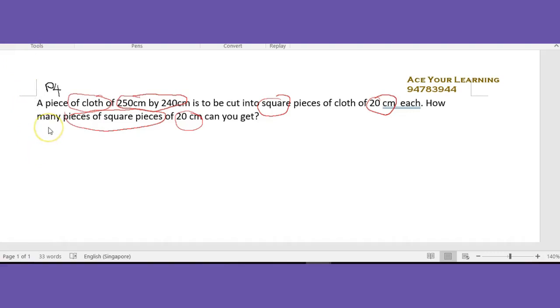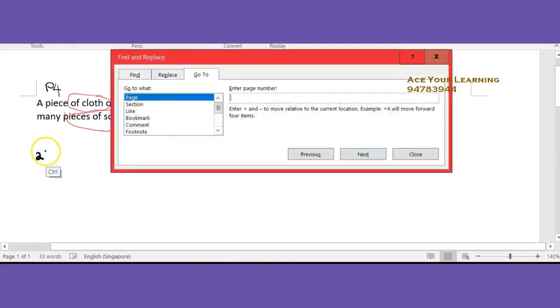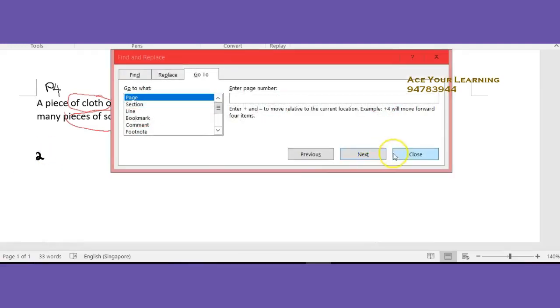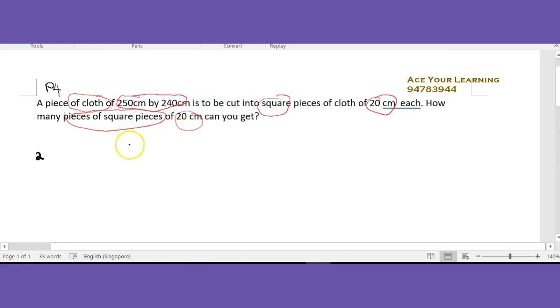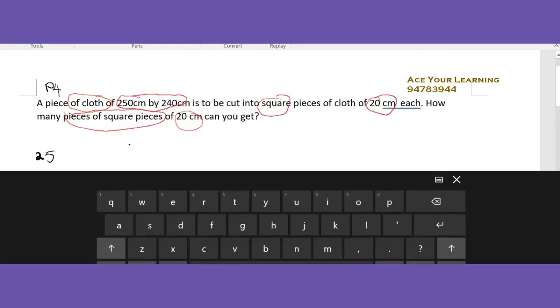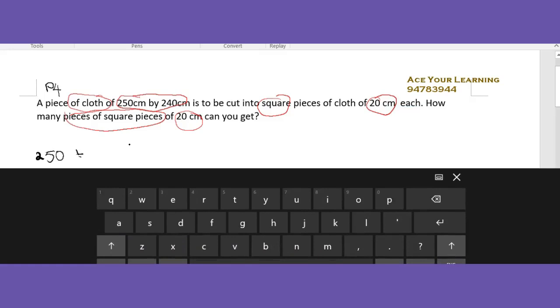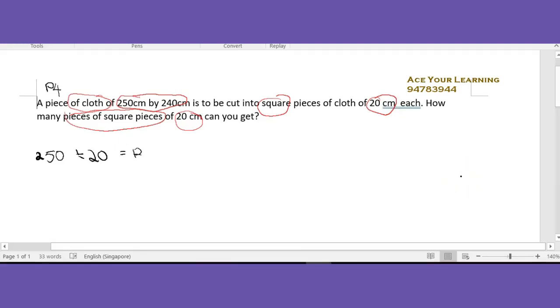So first step, what would I do? 250 divided by 20 will give you 12 and a half. And 240 divided by 20 will give you 12.